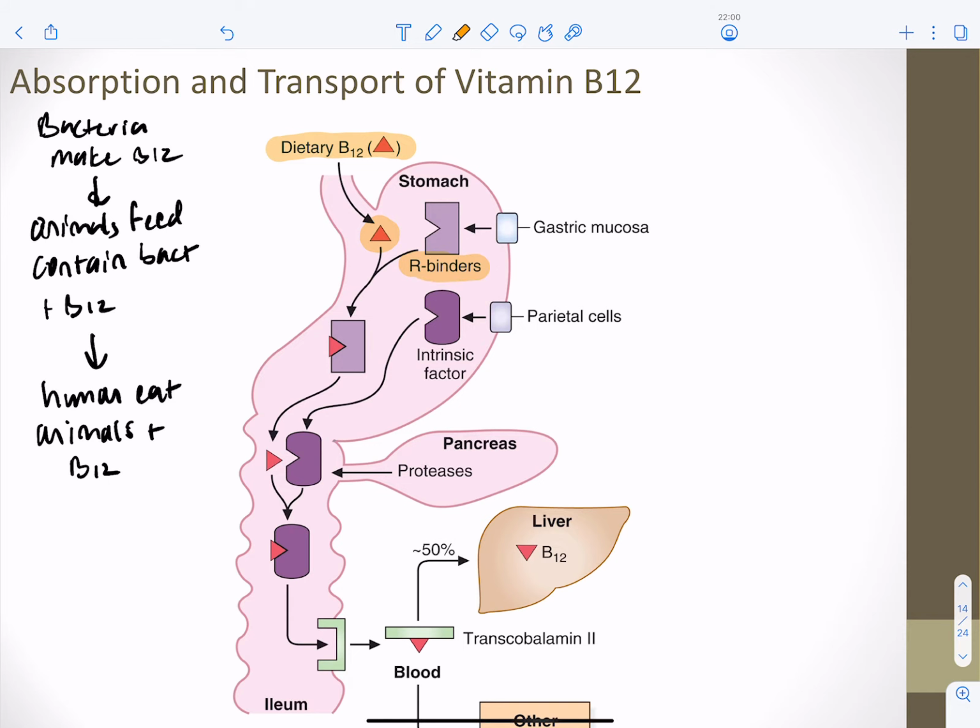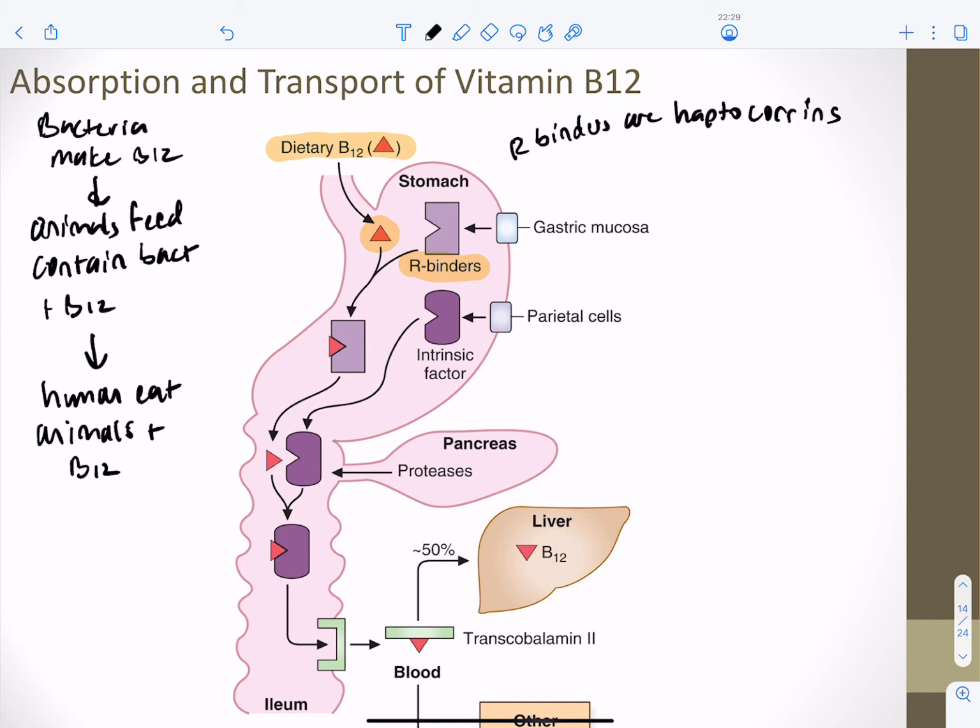R binders are proteins released by your gastric mucosa cells, and the R binders are haptocorrins. These will be released not only by the gastric mucosa, but also by salivary glands.